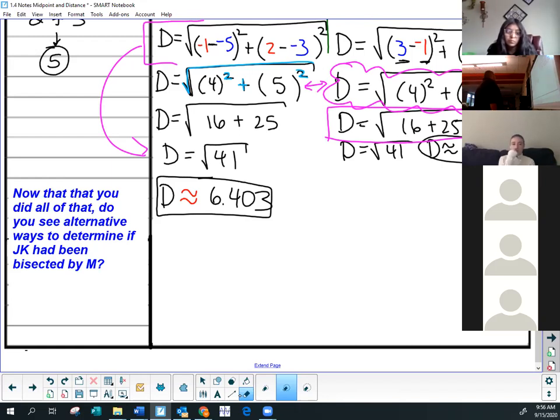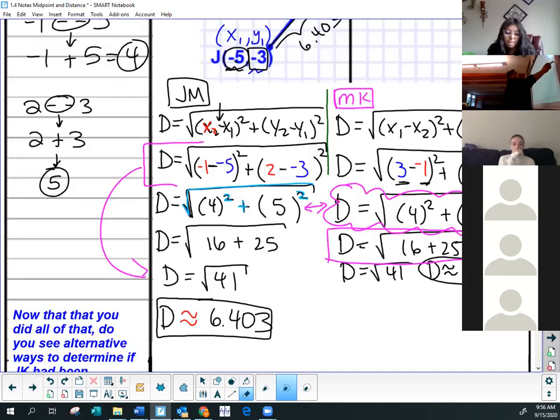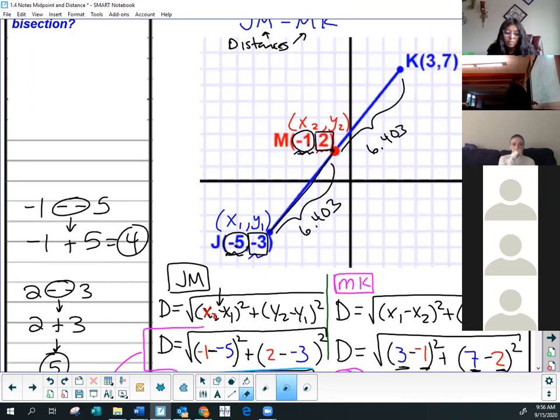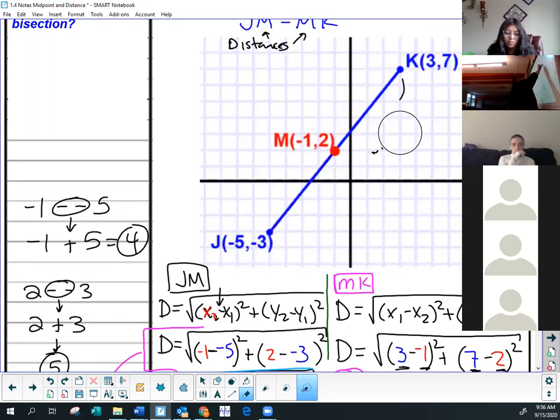I'm sorry, the what? On the grid. Count the segments on the grid. What do you mean? I'll try to demonstrate what you're talking about, but could you explain? So you mark every square that it goes through, and then if it's the same on both sides, then it would be the same distance.